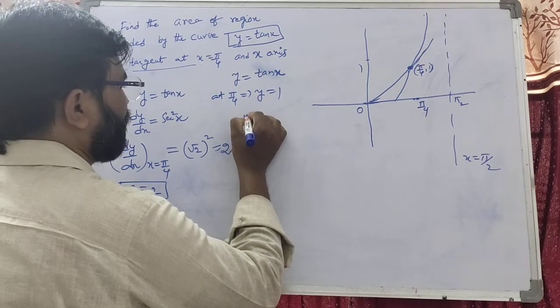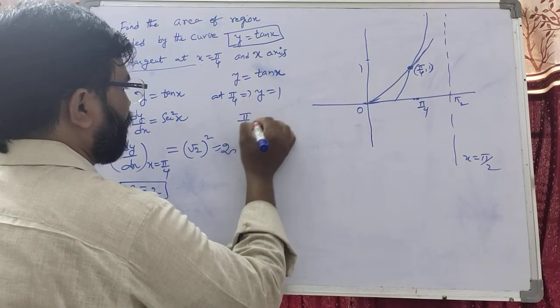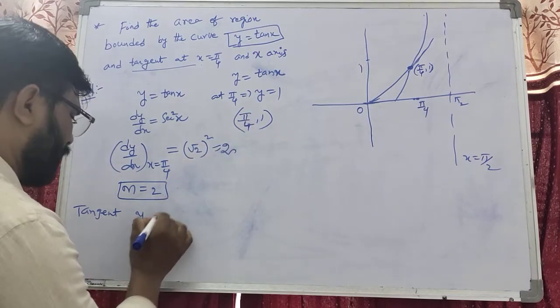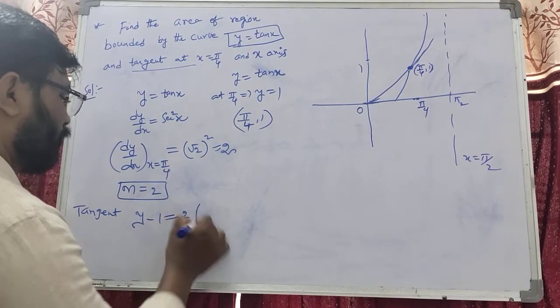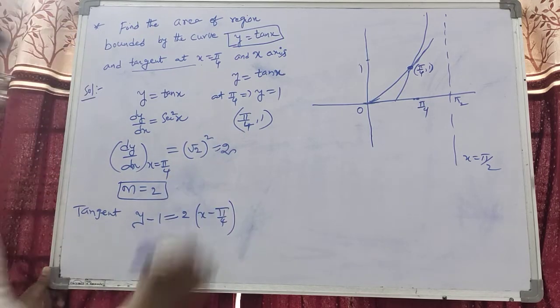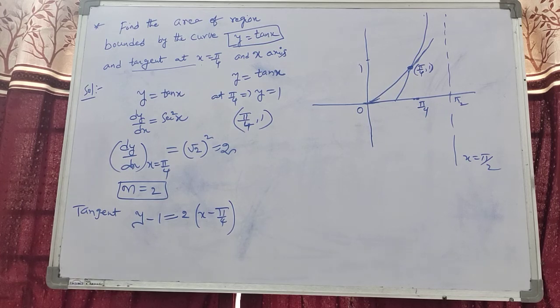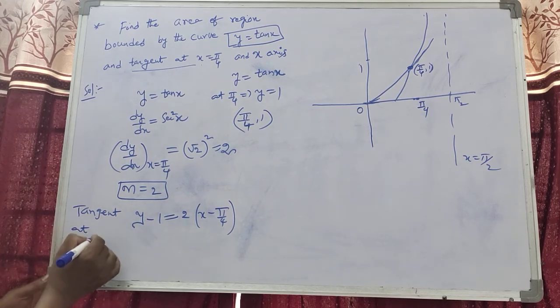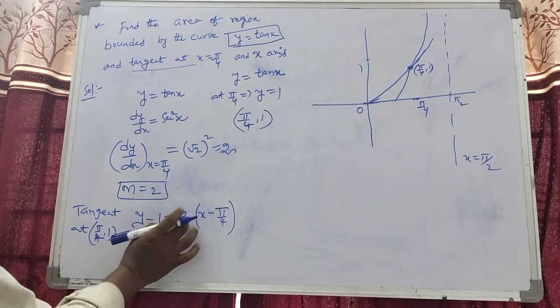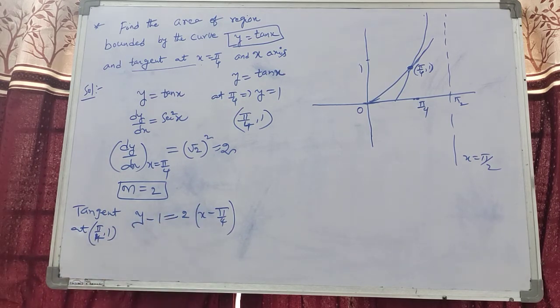The point is pi by 4 comma 1. The tangent is y minus 1 equals 2 into x minus pi by 4. This is the tangent at the point pi by 4 comma 1 having slope m equal to 2. Okay students, this is the tangent.